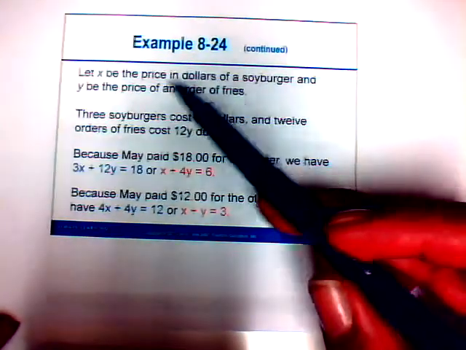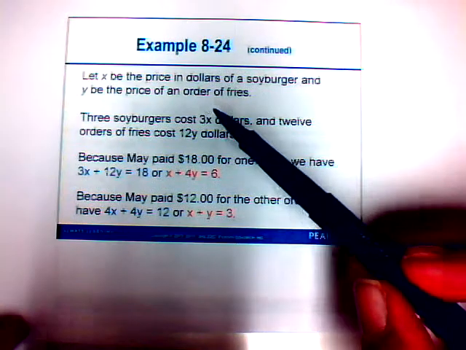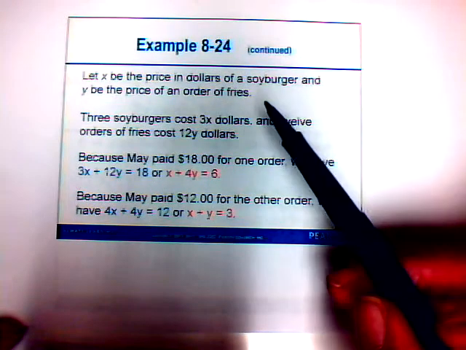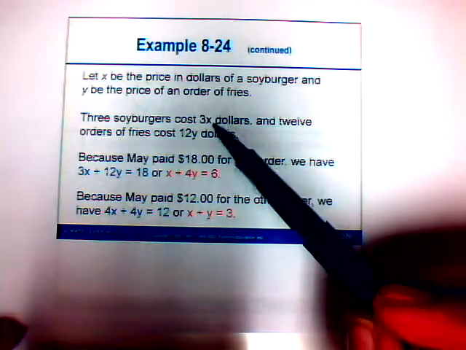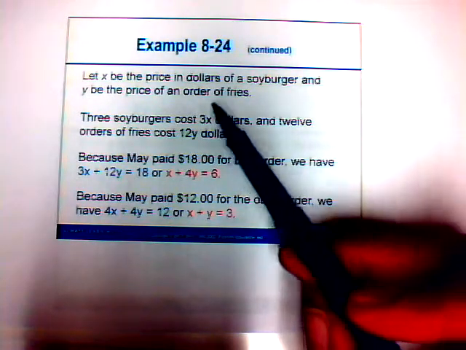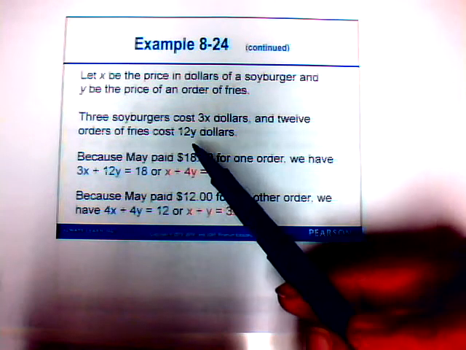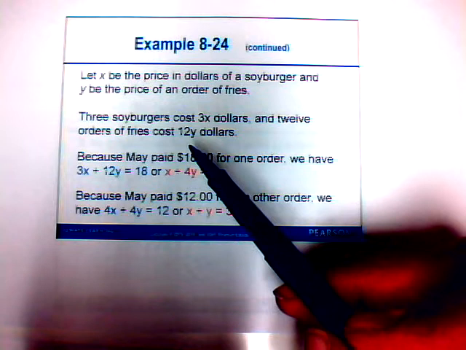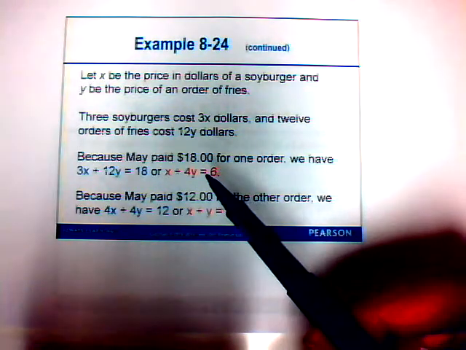You're going to let x be the price in dollars of a soy burger and y be the price of an order of fries. 3 soy burgers cost $3x because we're letting x be the cost of a soy burger. So 3 soy burgers will be 3 times x. 12 orders of fries, we let y be the price of the order of fries, so it's 12 times y.